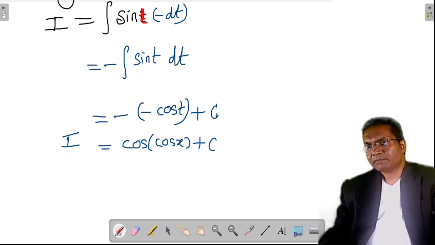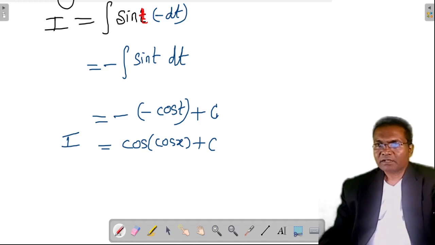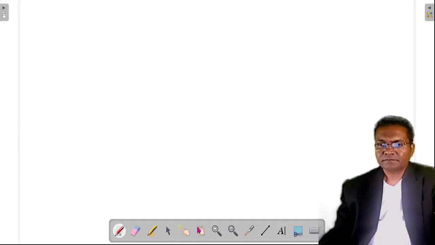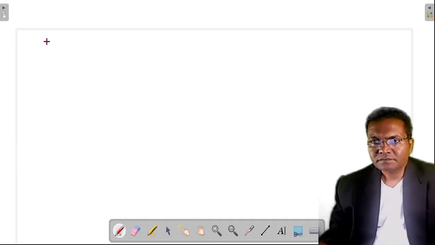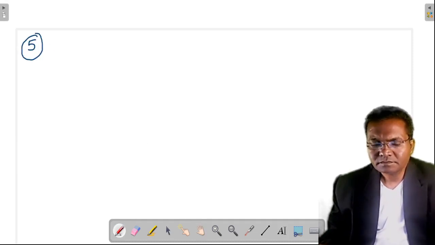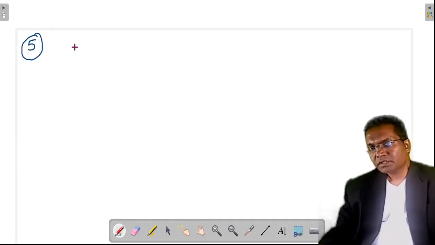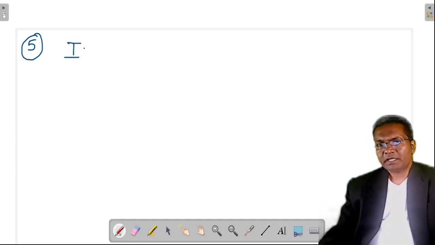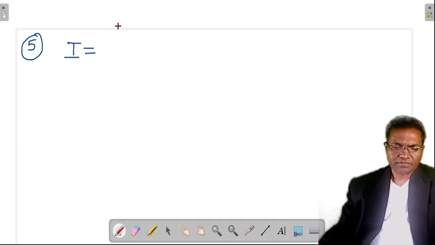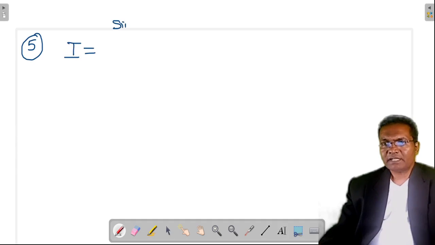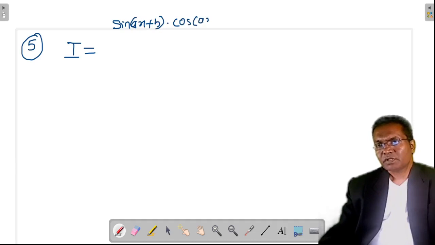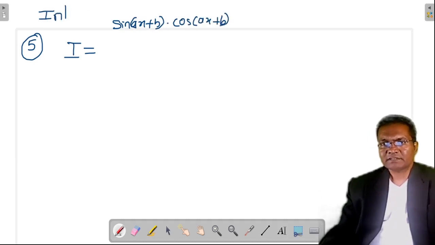Let's have another example. Example number 5. You are asked to integrate this: integration of sine of ax plus b into cos of ax plus b.